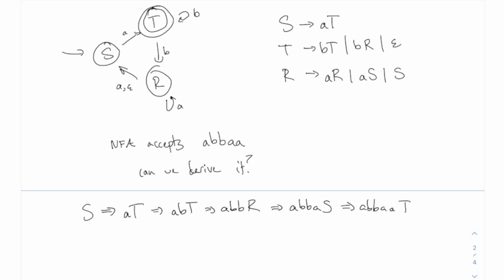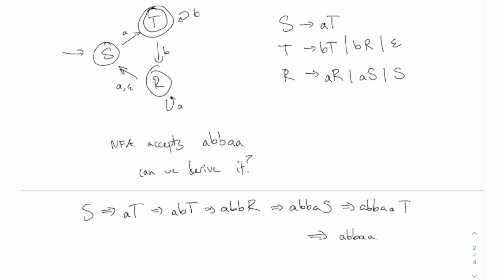It's an accepting state, and so I can use the epsilon here. A, B, B, A, the end, all right? So I hope it's clear that any path in the NFA which ends in the accepting state can be achieved by doing those same arrows as the grammar productions, right? That's why this works.